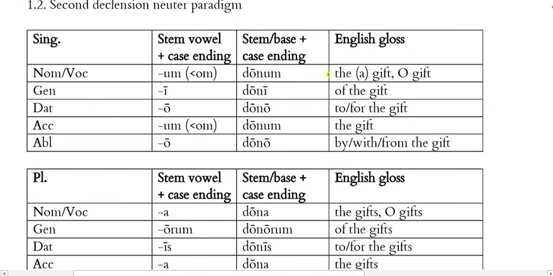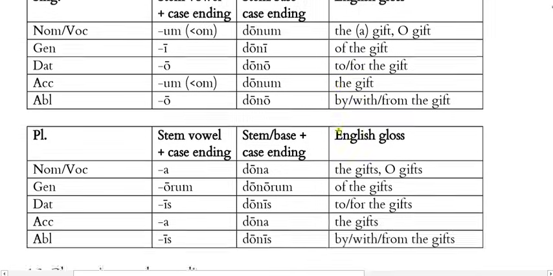Okay, so the nominative vocative is the gift or O gift, genitive of the gift, dative to or for the gift, donum the gift as the accusative direct object, and dono by, with, or from the gift.